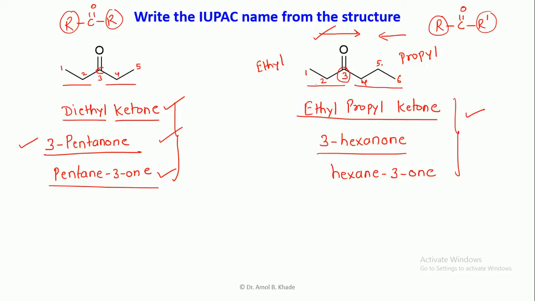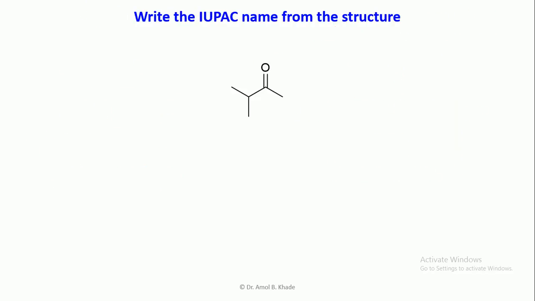I hope you have understood the rules we have discussed. Now let's try another structure. In this case the keto functionality is here, so obviously we have to give the numbering in such a way that this functionality will get the lowest possible number. So this will be 3. I can give 4 either here or here. Let's say I am giving 4 here, so this will be considered as the substituent.